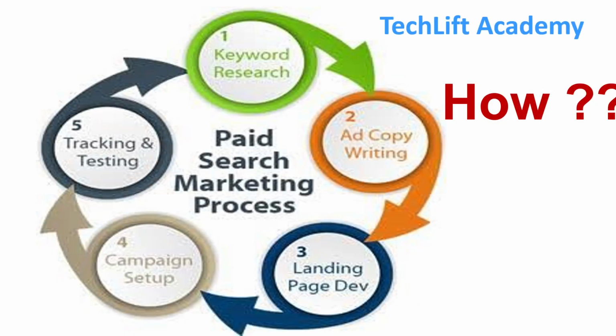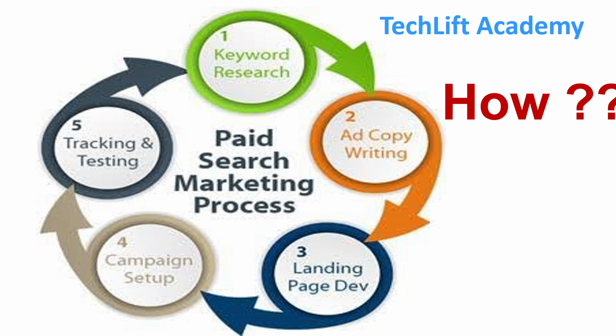So this is how the whole process works. You find the keywords that you need to use for your ad. Then you do the ad copywriting. Copywriting is simply sealing up your brand so that other people don't copy it or plagiarize it. Then you create a landing page.